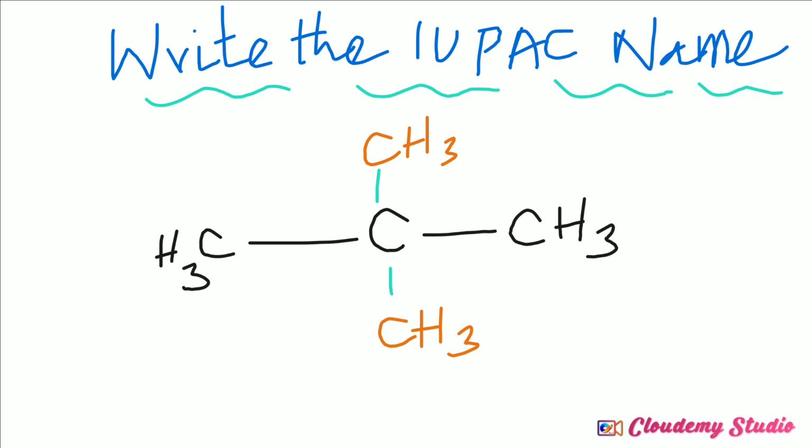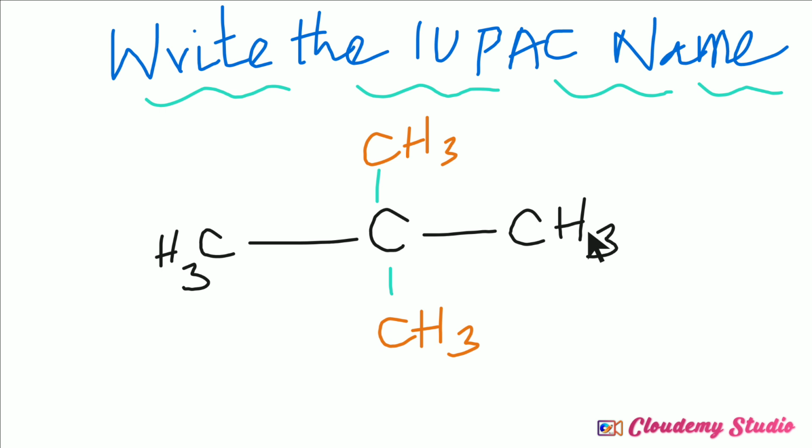So which will be the longest continuous chain? Can we check now? In this compound, 4 ends are there, therefore 4 ways we can arrange the chain. The first way is this horizontal way, starting from this and going like that.